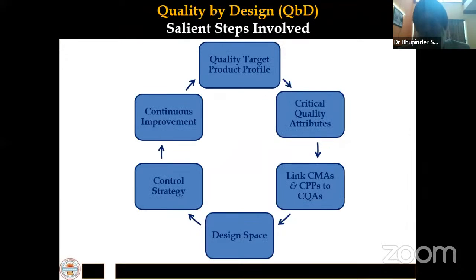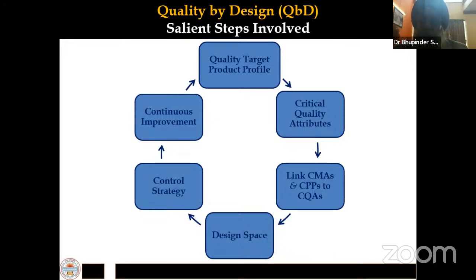This is probably one of the most important slides. The quality target product profile has to be the aim, and you then embark upon selecting some of the quality traits, which are called critical quality attributes, CQAs, out of the quality target product profile. That is the profile which is to be matched with the reference listed product.